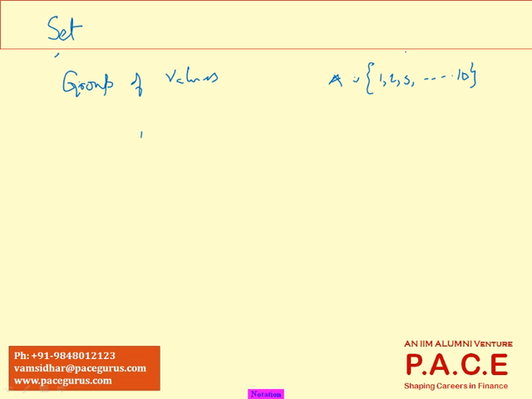And a few things there. Set is denoted by this kind of braces, right? The elements of the set are given by comma separated, or sometimes some kind of notation is also given. The same thing is written like this. X, this is a symbol called belongs to.